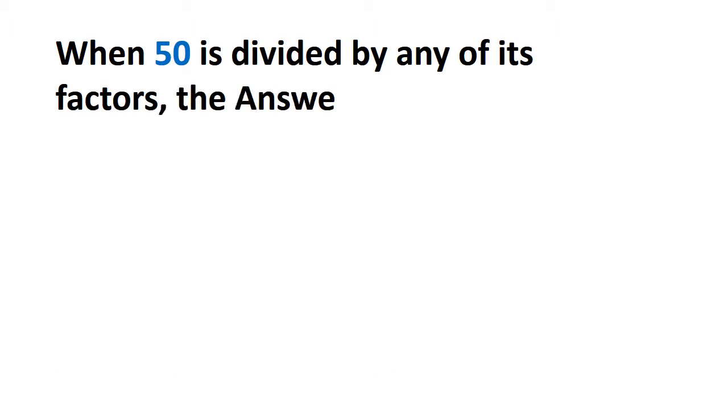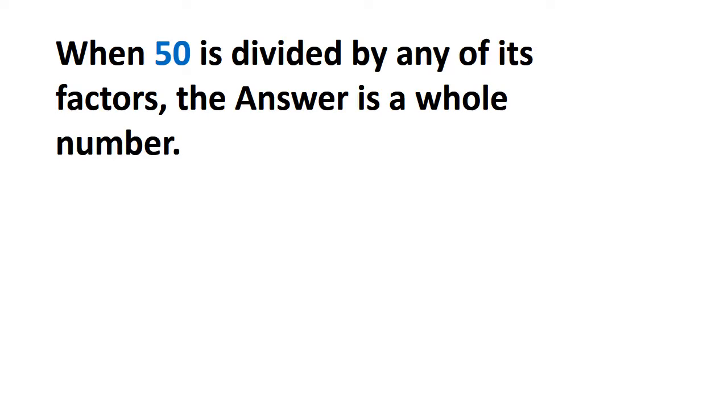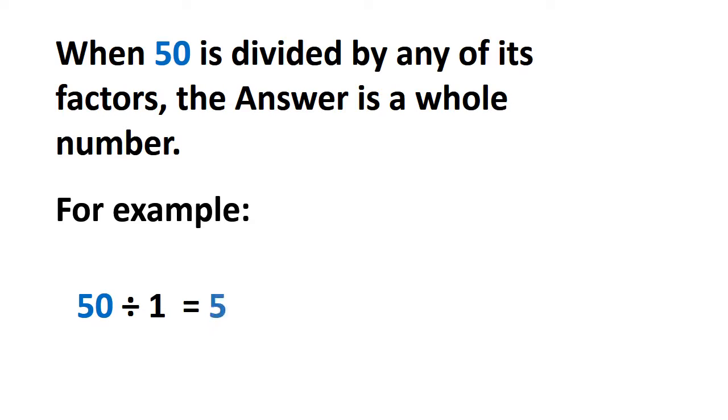When 50 is divided by any of its factors, the answer is a whole number. For example, 50 divided by 1 equals 50. 50 divided by 2 equals 25, and so on.